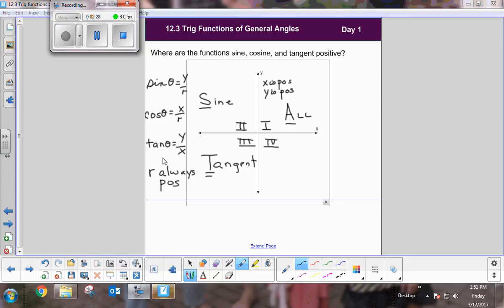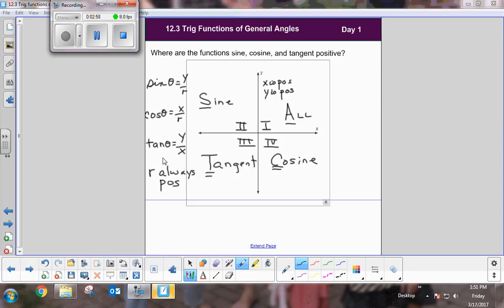And in the fourth quadrant, x is positive, but y would be negative, so only the cosine is positive here. And if we look at these first letters, we have ASTC, or all students take calculus. So you could remember which of the trig functions are positive in any of those quadrants.